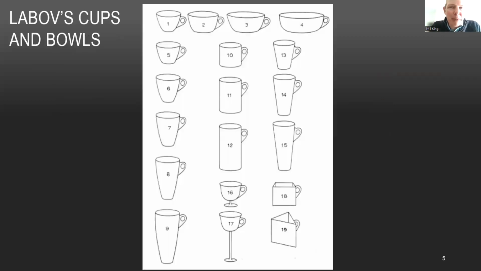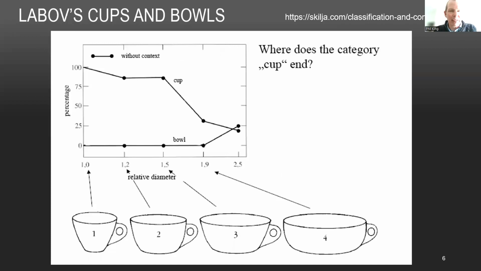Another experiment from a similar time looked at whether people thought a picture represented a cup or a bowl. Here are the pictures that they used, and people had to decide which category they would put each of these images in. This is the kind of result that came up when they were just shown the pictures in the abstract.